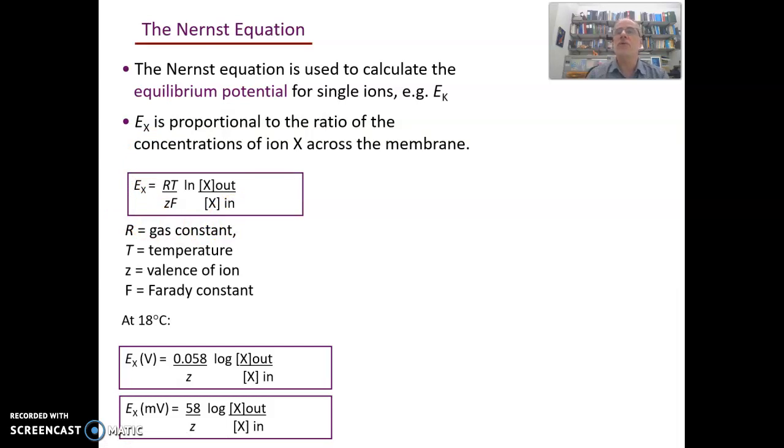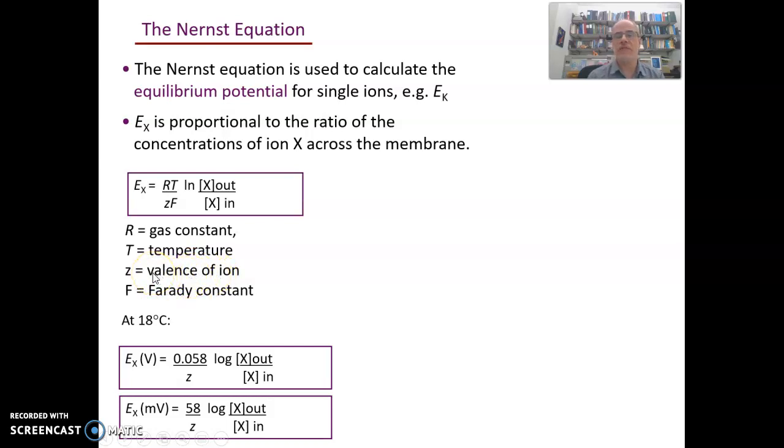It allows us to calculate the equilibrium potential that would be generated by the distribution of ions present on either side of the membrane. It uses the gas constant, which is the letter R, T, the absolute temperature calculated in Kelvin, and Z, the valence of the ion that is being considered.